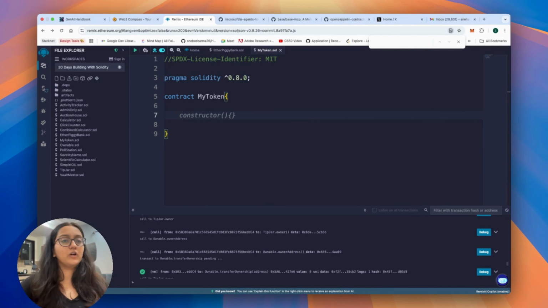Now, everyone says, or you, in fact, while I talk about my token, you would have heard of ERC20 as a standard, and we'll talk about it in detail as we proceed. So back in the early days of Ethereum, everyone was really, really excited about the idea of creating tokens.